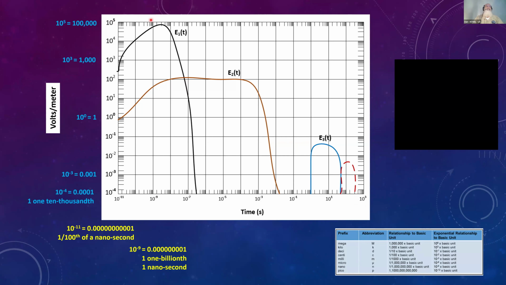And you can see that each wave is created and doing a couple of things. One, it's happening at a particular time frame. And you can see with the E1 wave, it is happening really quick.